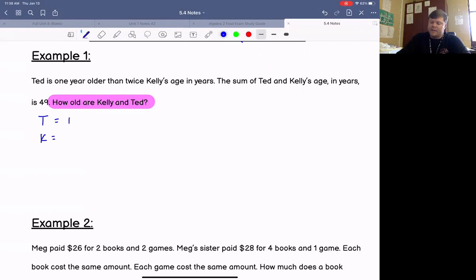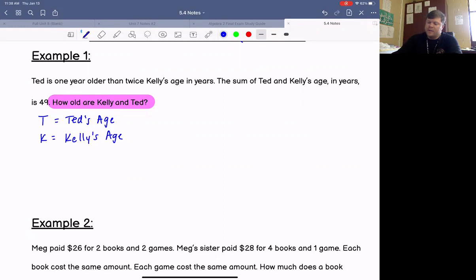All right, so T is going to be Ted's age and K is Kelly's age. Now I've got to figure out how to write 2 equations here using this information. It says Ted is 1 year older than twice Kelly's age.